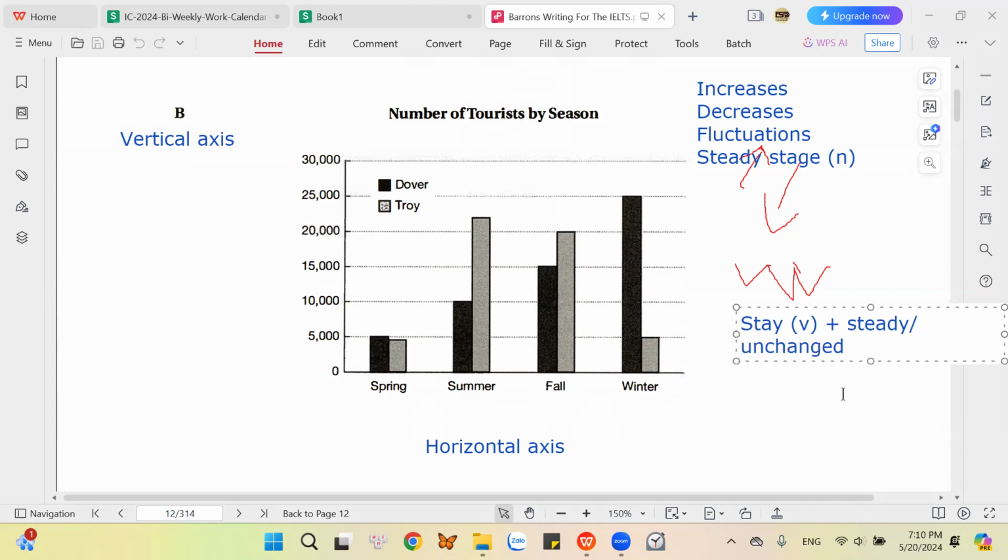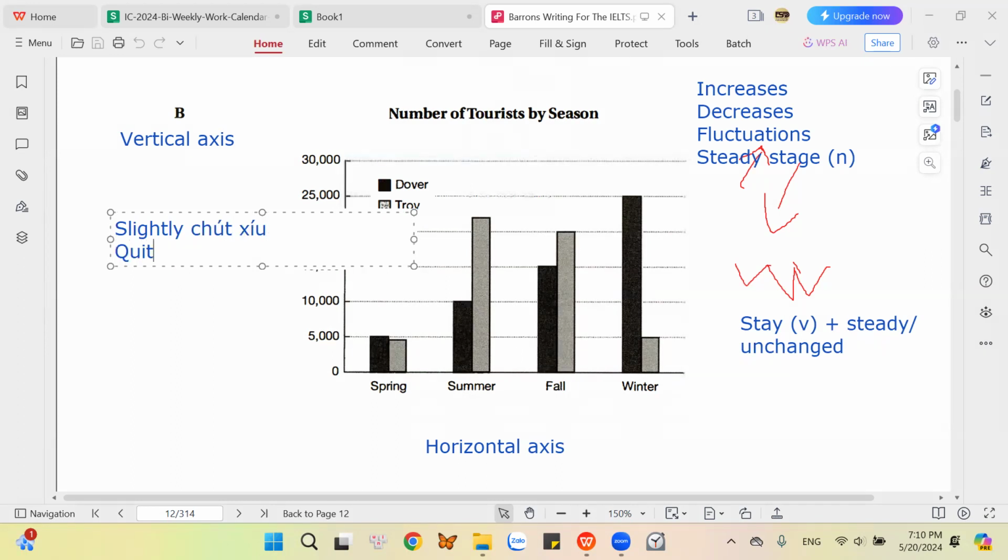So let's look at this graph here, starting in spring. We can see that Dover and Troy have the same number of tourists traveling to the cities, just slightly different. Please remember the word slightly. It means just a little, quite.